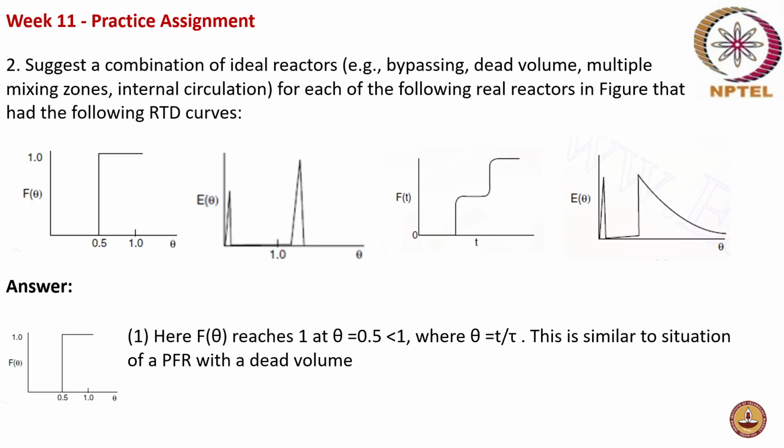However, here we have theta equal to 0.5. That means this is a case where we have a PFR followed by a dead volume. So this is how the curve looks: there's a PFR and there's a dead volume which has to be accounted for, since it starts at 0.5 instead of 1.